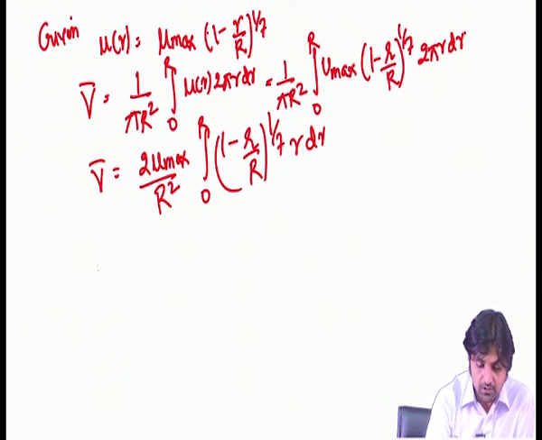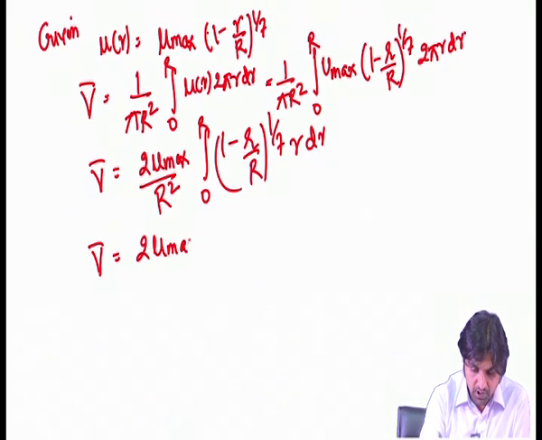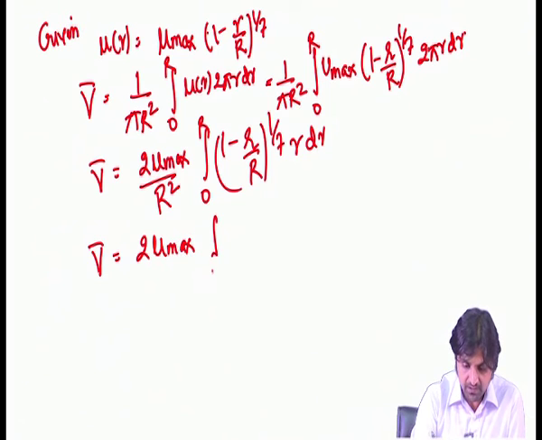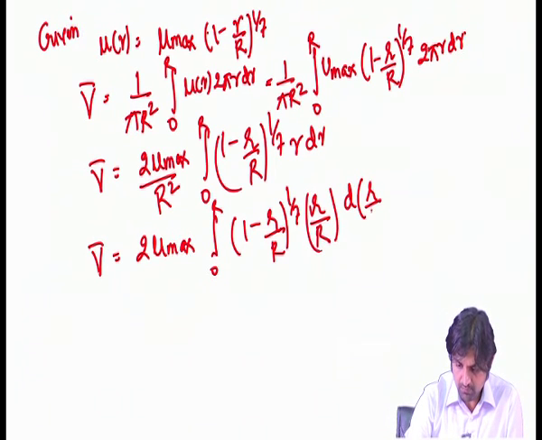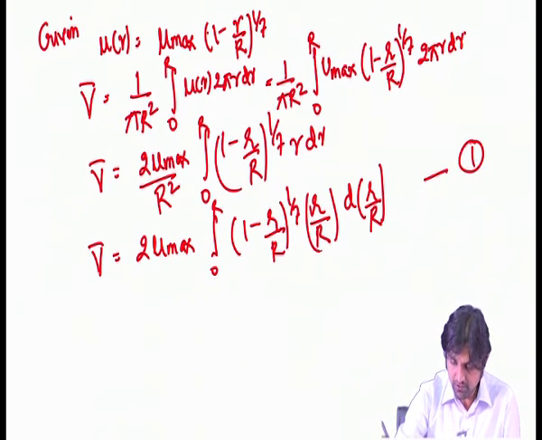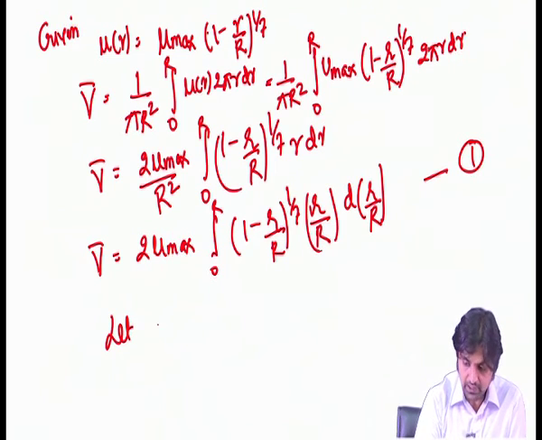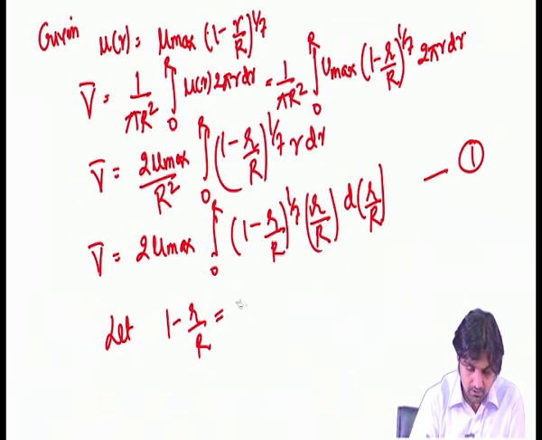Or what we can do is V bar is 2 u max integral 0 to R. We will keep this one as 1 by 7, and we can write r by R and dr by R, and call it 1. Let 1 minus r by R be x.